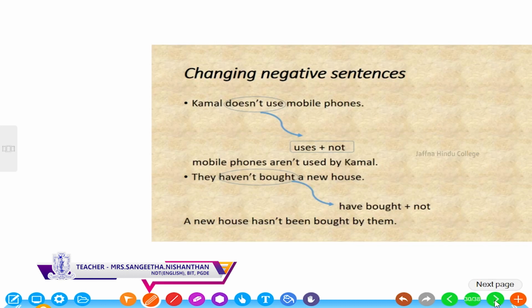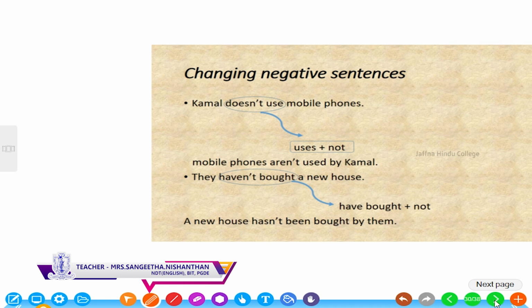When changing negative sentences: Kamal does not use mobile phones. Actually, does plus use was uses there, and when we make it negative, we separate the does from the use and make it does not.